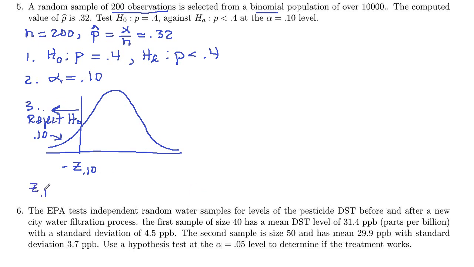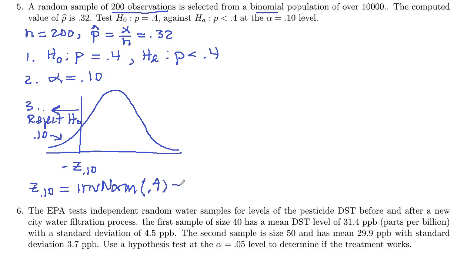So let's figure z 0.10. So that would be 10% area on the right. So the left area is 90%. So remember, use inverse norm to do this one because it's z. And the left area is 0.9. And then we're dealing with z-scores here.